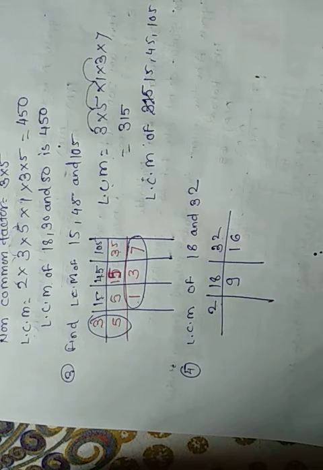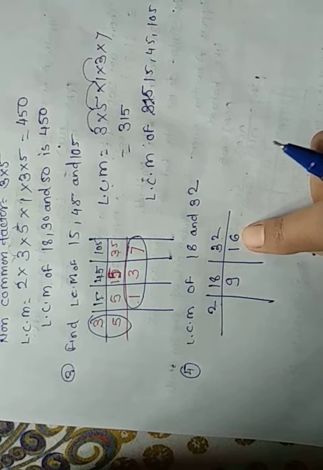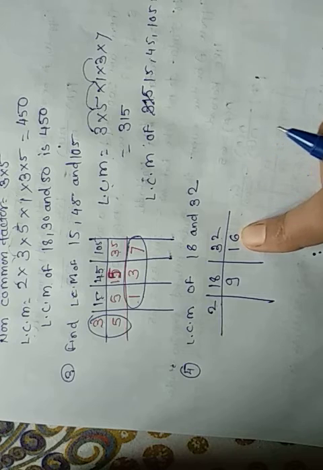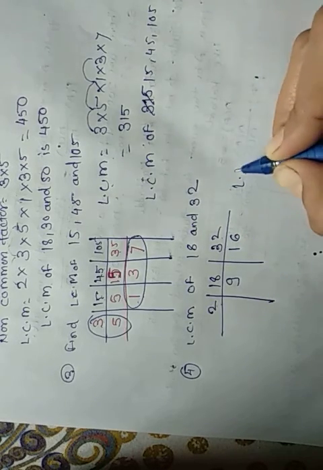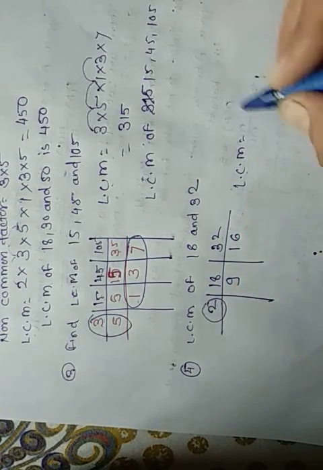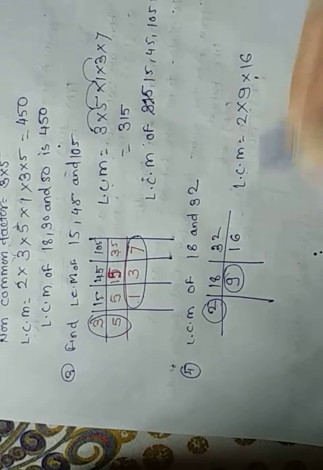Now, 9 and 16: is there a common divisible number? No. So here LCM is equal to 2 into 9 into 16.